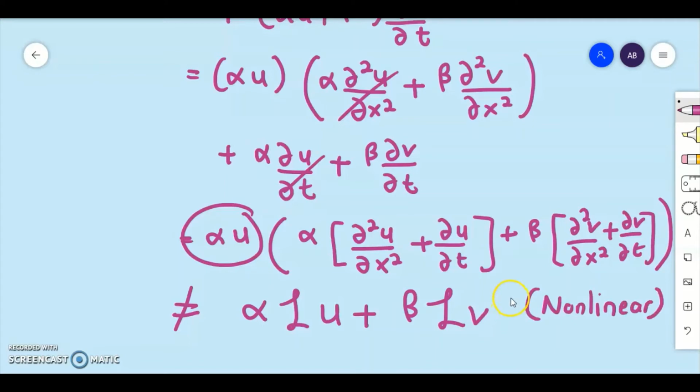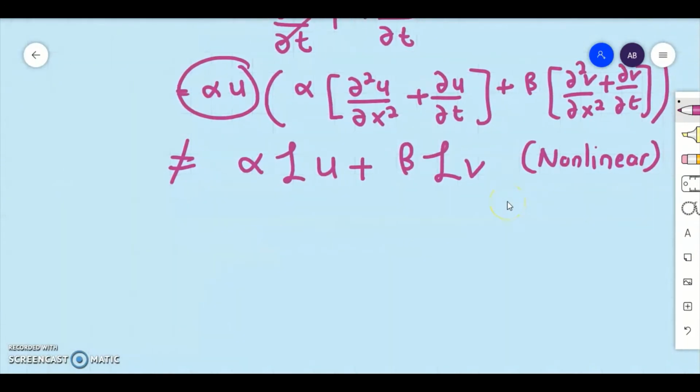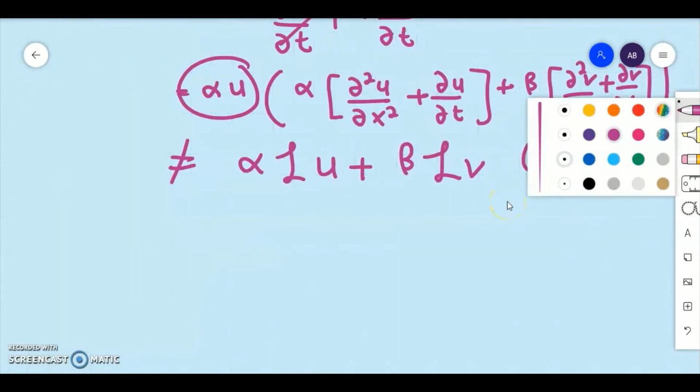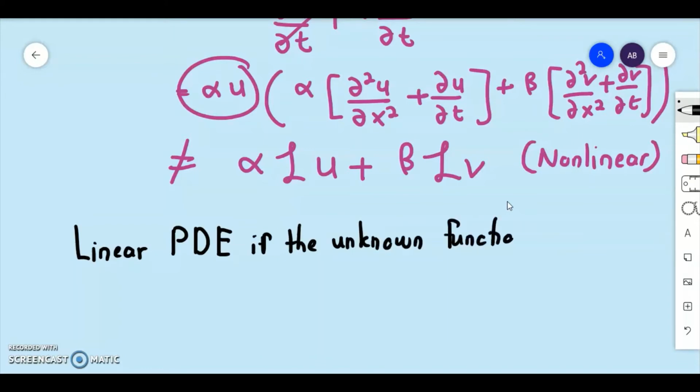Now to summarize, what can I say about this non-linear PDE? I can say something like this. A linear PDE is one where the unknown function and its derivatives appear to the power of 1.